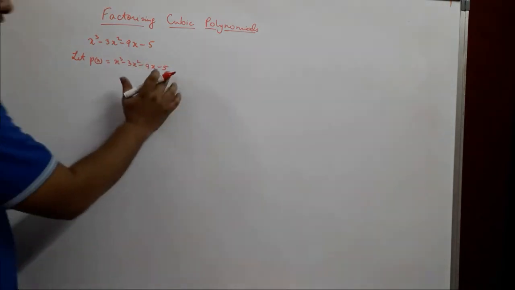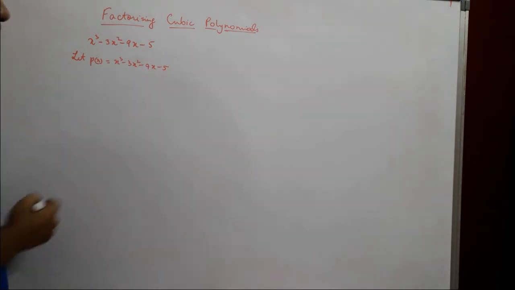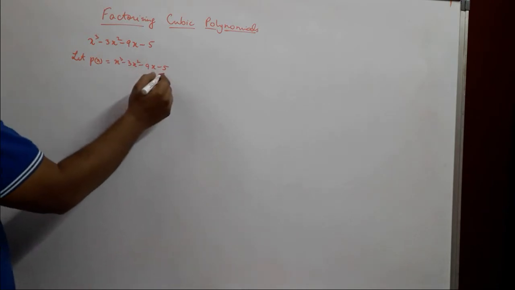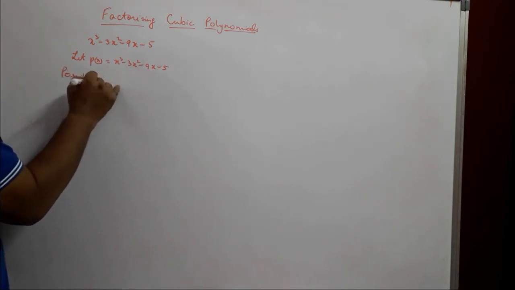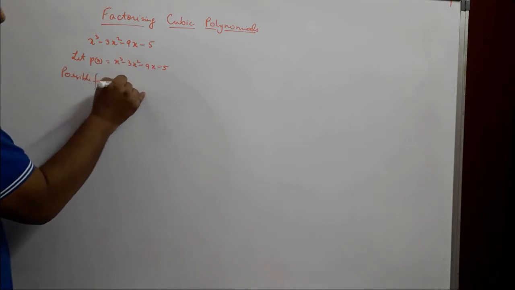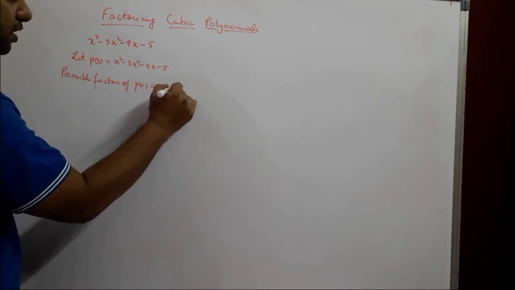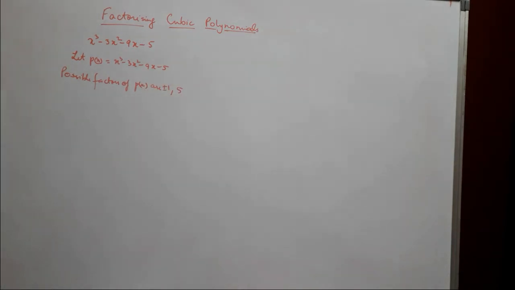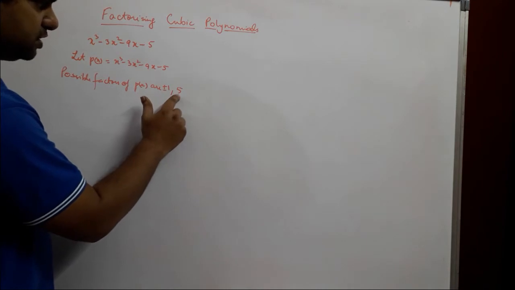Now looking at the constant over here, the constant is 5, and if we list down the possible factors, the possible factors of p of x are plus or minus 1 and plus or minus 5.